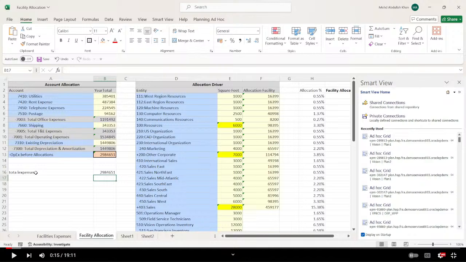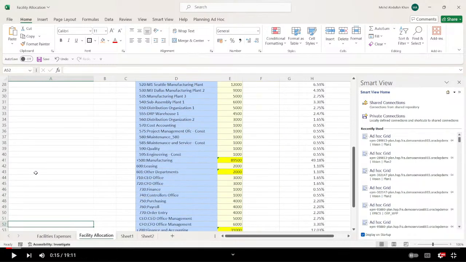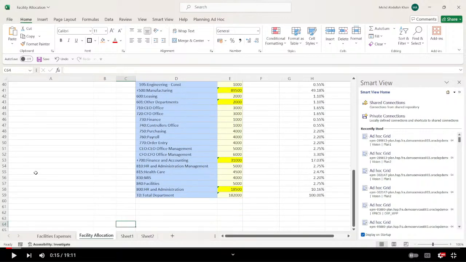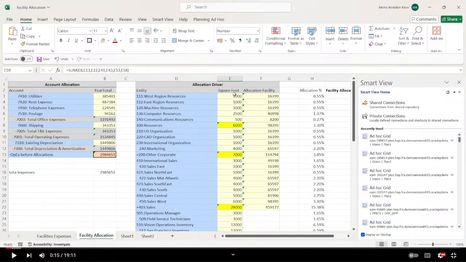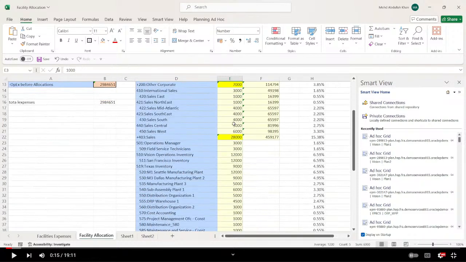Secondly, you should select an allocation base or criteria for each shared facility. I want total department to be the base. Total department here is the aggregation of all the values in square feet.